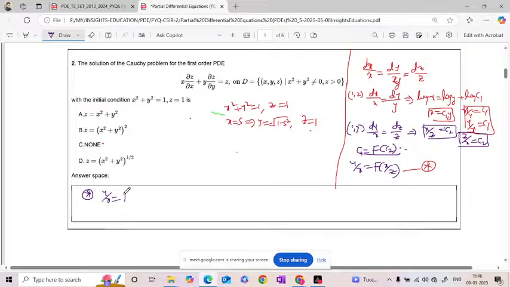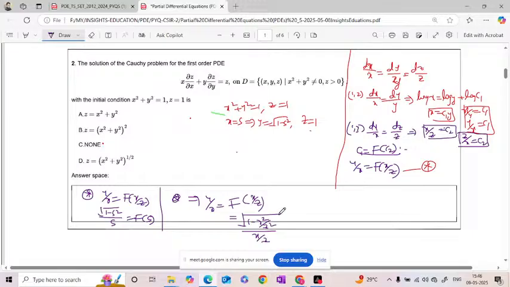y by x is equal to f of x by z, that means under root of 1 minus s square by s is equal to f of s. Now equation star, y by x is equal to f of x by z, but f of s is equal to under root of 1 minus x square by z square by x by z. Now the result is y by x is equal to under root of z square minus x square by z, cancel by x.